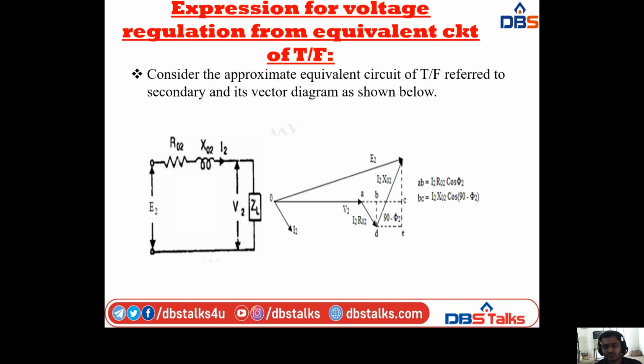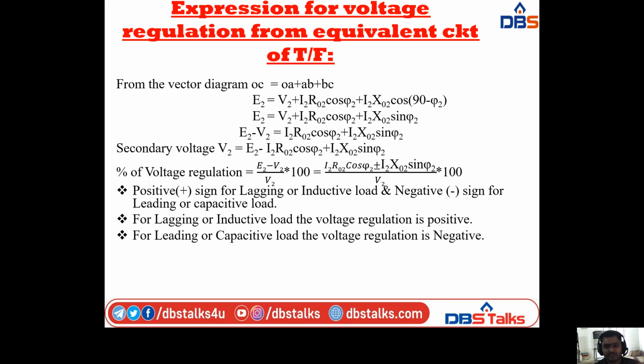The phase difference for I2 R02 is phi 2, and for I2 X02 it is 90 minus phi 2. From this phasor diagram, AB is equal to I2 R02 cos phi 2 and BC is equal to I2 X02 cos of 90 minus phi 2.